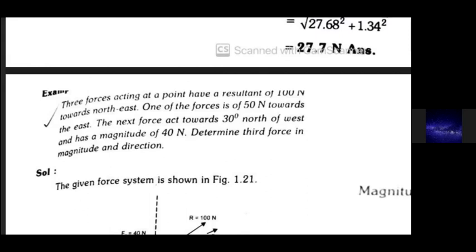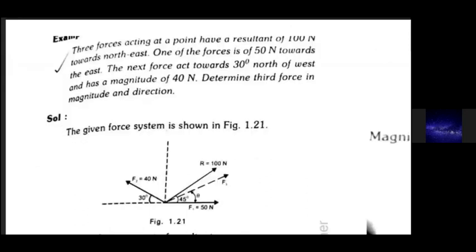Here, how many forces? Only 3 forces acting. Out of the 3 forces, the resultant of the 3 forces is 100 newtons. This resultant force acts towards northeast. Northeast means it acts at an angle of 45 degrees with horizontal x.